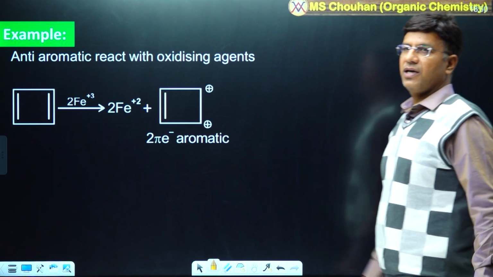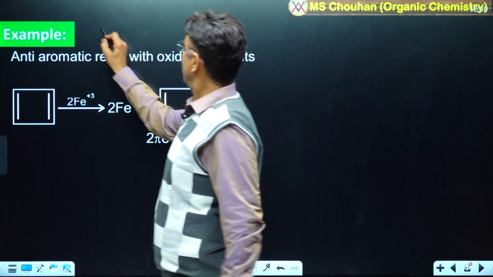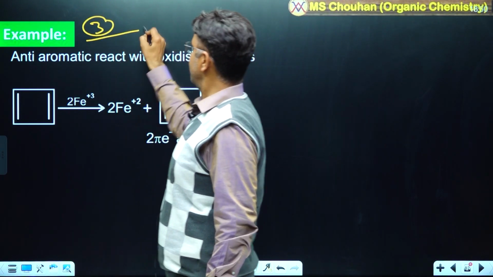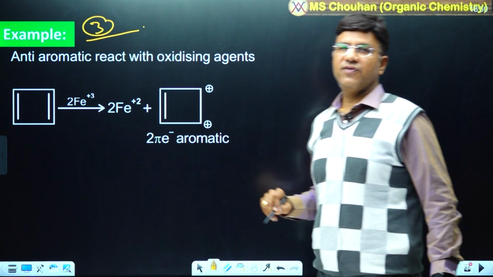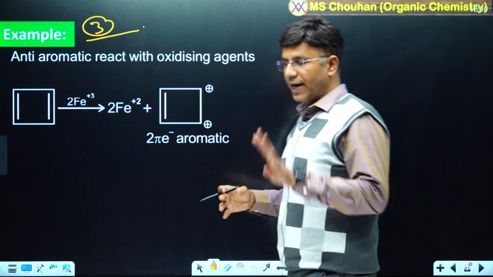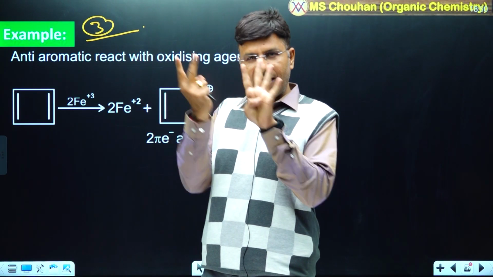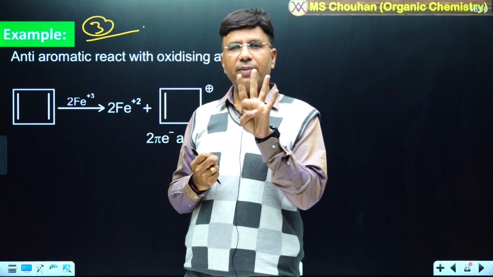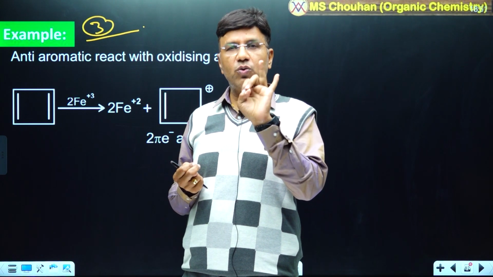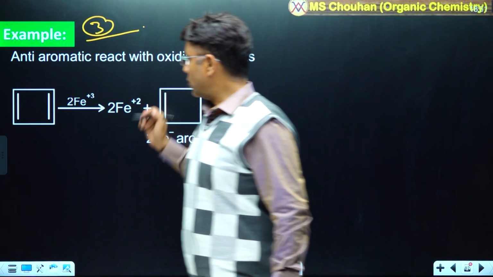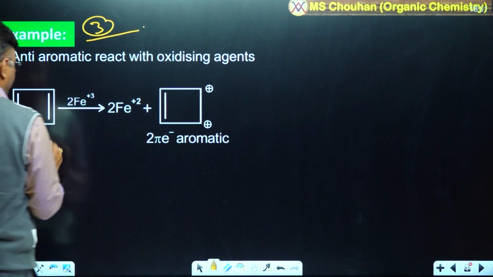Now the next point is anti-aromatic molecule will react with oxidizing agent. Why does it react with oxidizing agent? Anti-aromatic has 4 pi electron, means in order to become aromatic it can gain 2 electron. In order to become aromatic and obey Huckel rule, it can also lose 2 electron. Got it? Now already it has 4 pi electron.